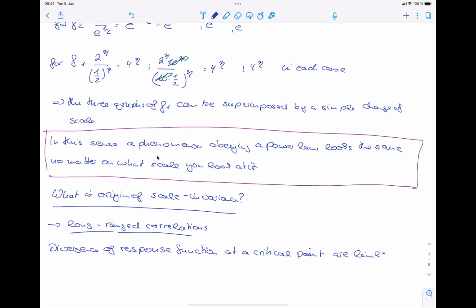These are linked to correlated fluctuations over long distances.